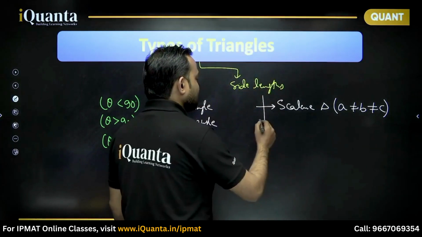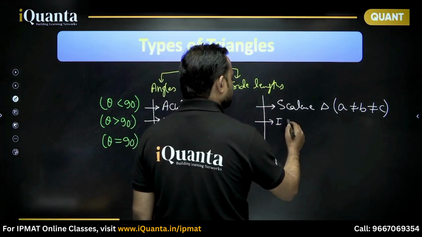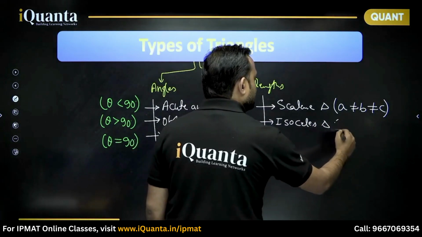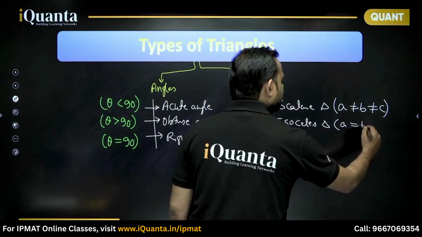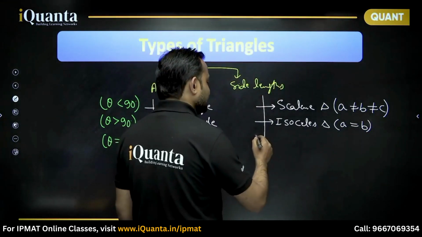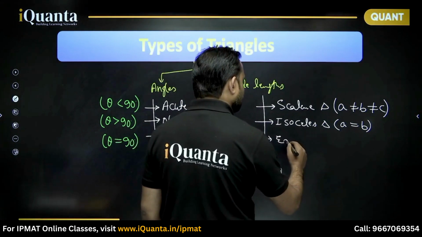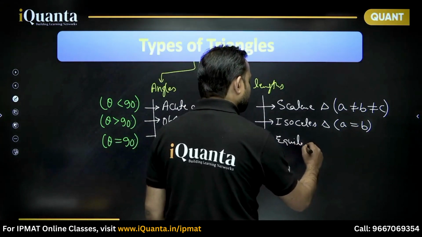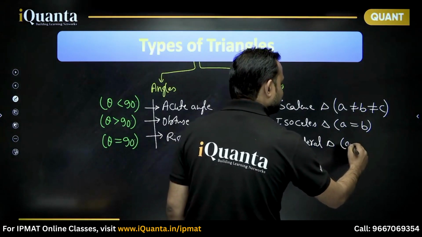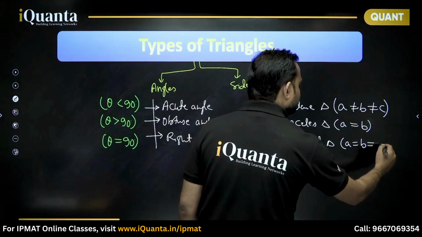Then comes the isosceles triangle. In an isosceles triangle, two of the sides are of equal length, A is equal to B. And then comes the equilateral triangle. In an equilateral triangle, all the side lengths are of equal length.